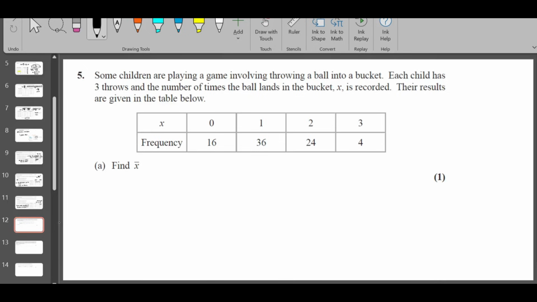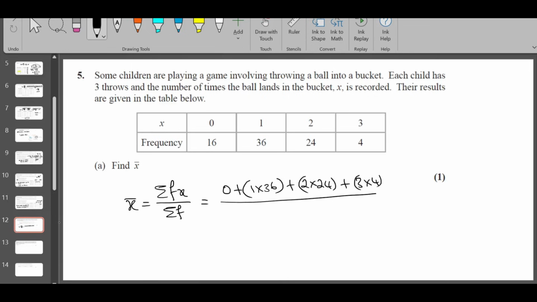Okay, find X bar. That's very simple. The formula is sigma fx over sigma f. So 0 times 16, 1 times 36, 2 times 24, 3 times 4, that's sigma fx, divided by 16 plus 36 plus 24 plus 4.